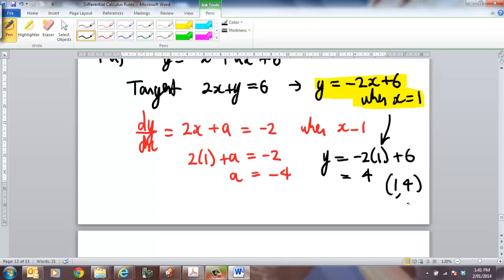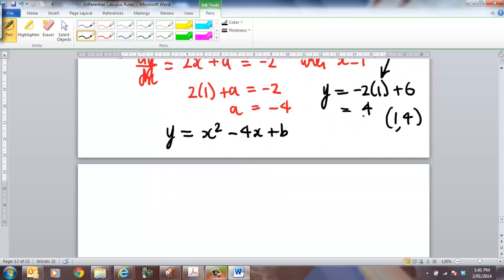Using the information I do have, my equation is y equals x squared take 4x plus b. I can use that point (1, 4) and put it in: 4 is equal to 1 squared take 4 times 1 plus b. Therefore, bring the 4 across, that's going to be 8, take that as 7. So 7 is equal to b. So I've found that using the information.